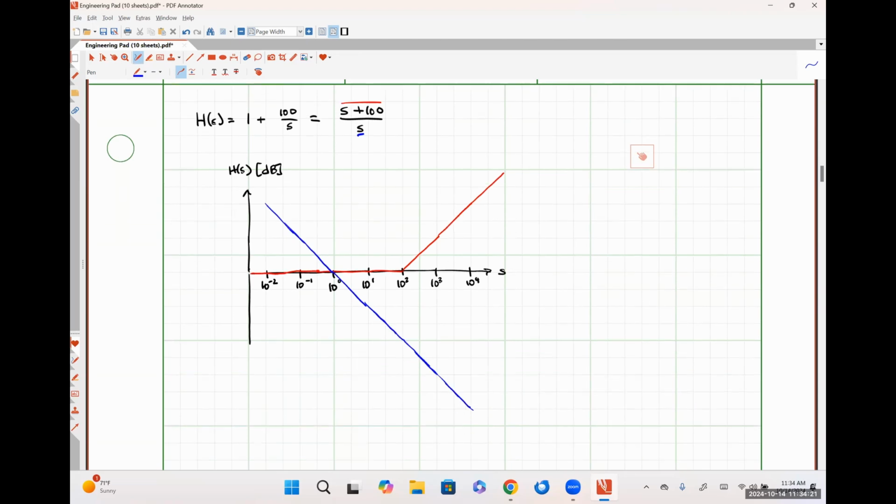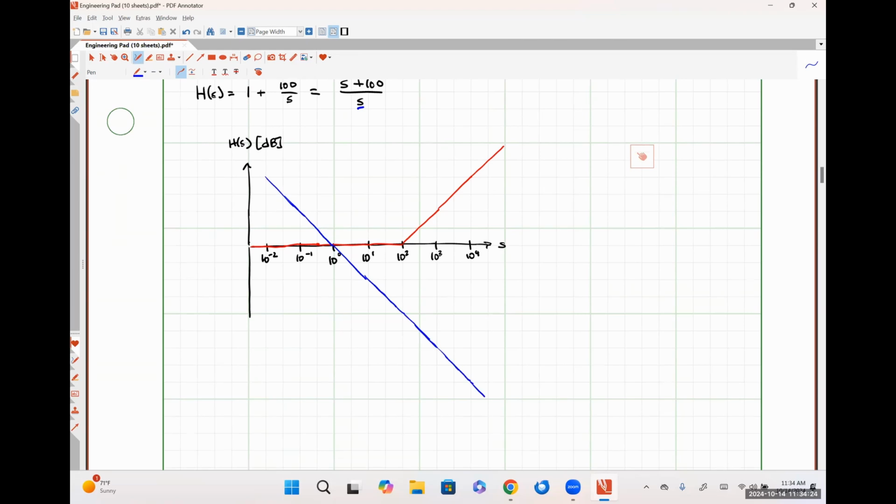And realistically, I'm going to keep this going. Okay. And let me do it one further. What I would do is literally just add these together point by point. So way back here at 10 to the minus 2, I have 0 dB plus what looks to me like 40 dB. Let me put some numbers on my y-axis so we can see where I'm coming up with these things here, right?